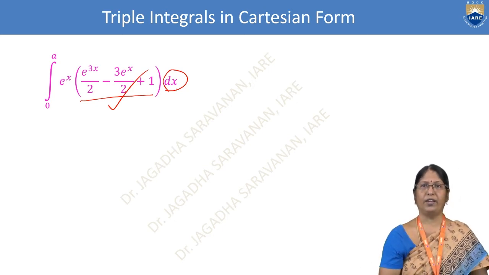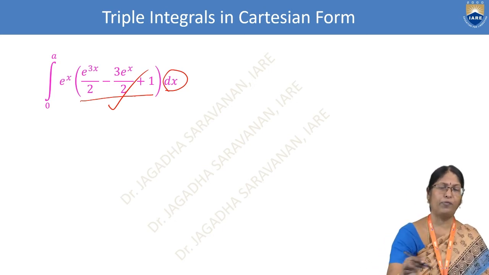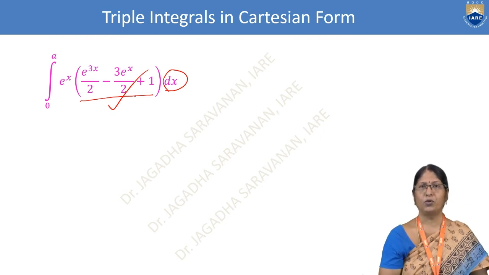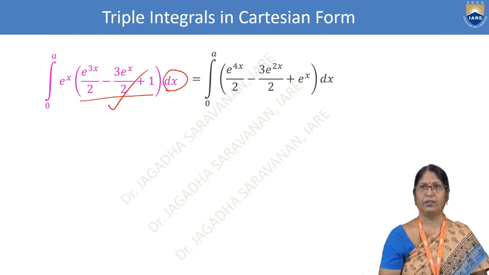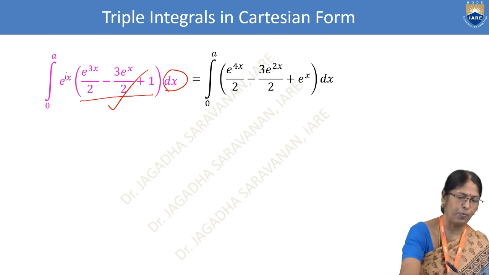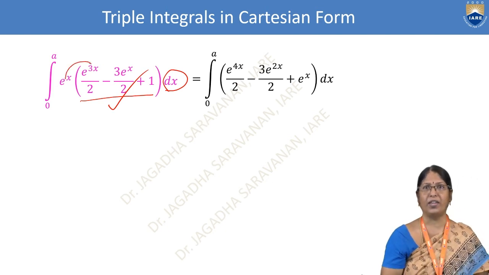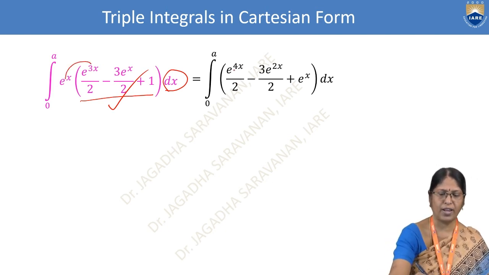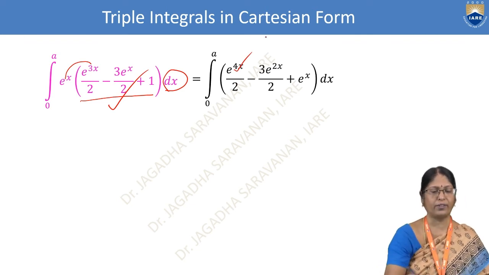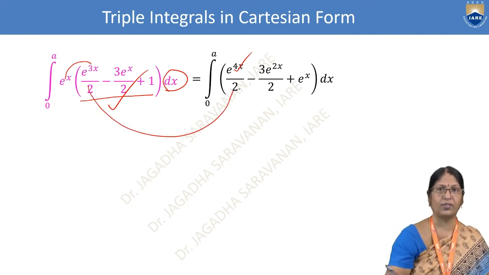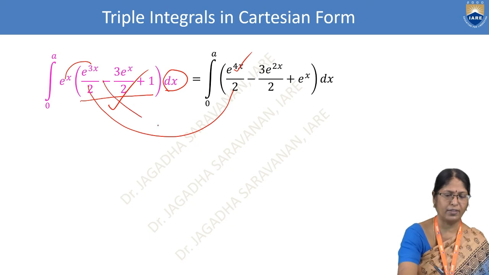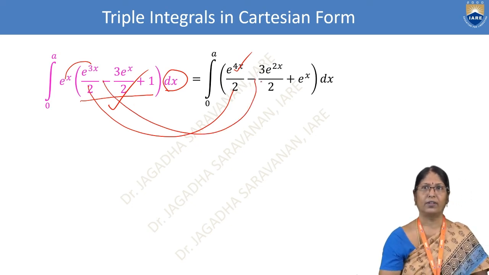Before integrating, wherever simplifications are possible, make the term a single one. That is e^x into e^(3x), so x plus 3x has become e^(4x). This 2 is written as it is. This minus is written as it is.